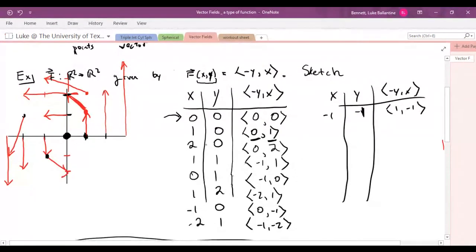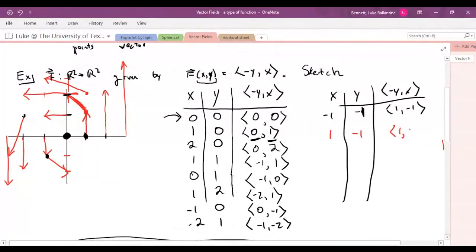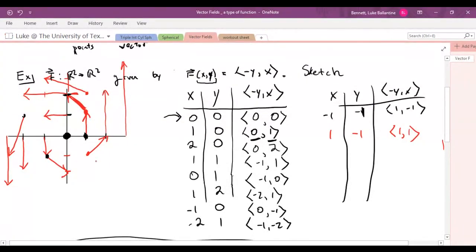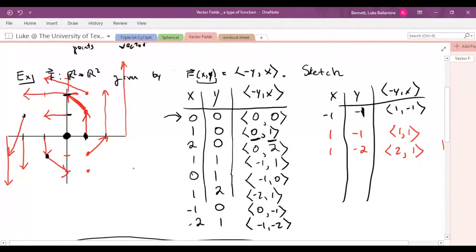That. And then at the point 1, -1, we get 1, 1. That's here. Yeah, and you can fill in more spots. We have 1, -2. That would be 2, 1. We go 2 in the x direction, 1 in y.